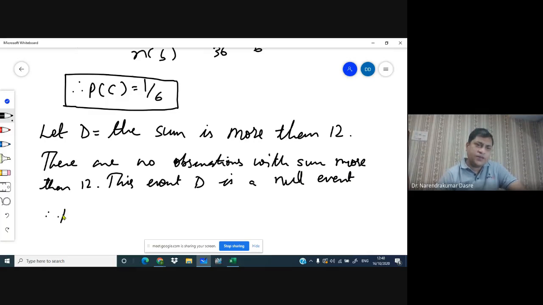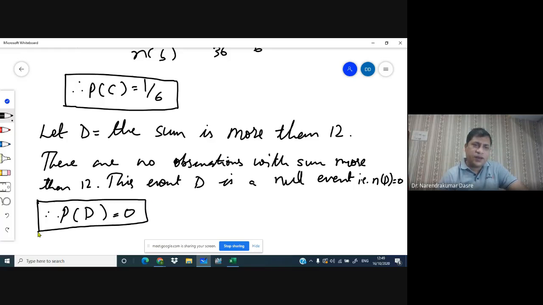Hence the number of points in D is 0, so the probability of D is equal to 0. This is a null event and hence its probability is 0.